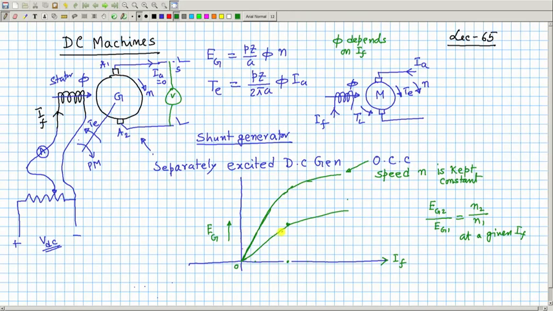Therefore, one can easily get the OCC at any other speed, like at n by 2. Similarly, if you increase the speed, the OCC will be above this, like that.